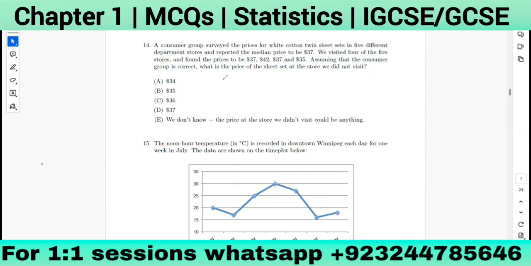A consumer group surveyed the prices for white cotton twin sheet sets in 5 different departmental stores and reported the median price to be $37. We visited 4 of the 5 stores and found the prices to be $37, $42, $37, $35. Assuming that the consumer group is correct, what is the price of the sheet set at the store we did not visit?